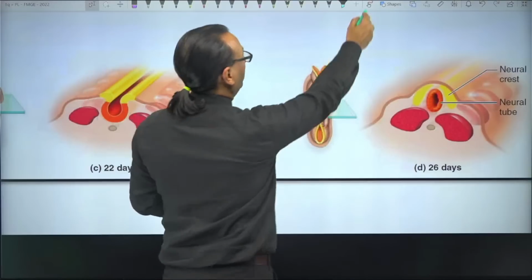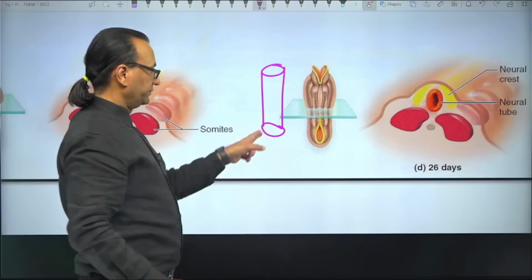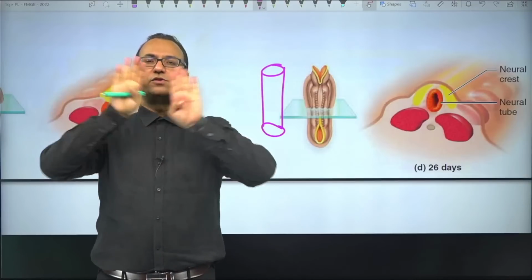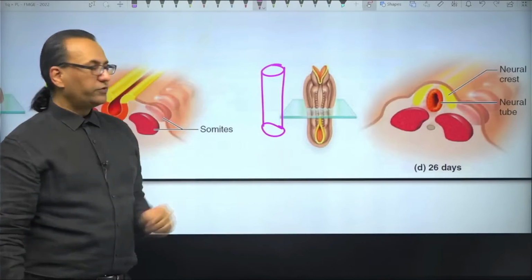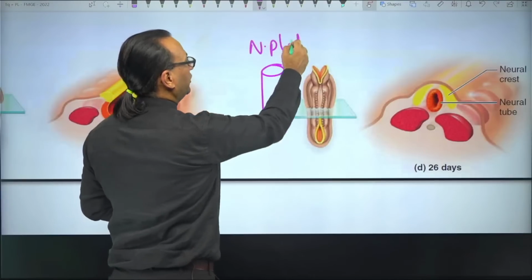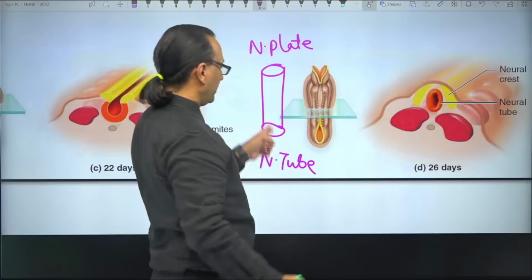So in simplistic terms, first it was a plate, it became a groove, and it became a tube. The neural tube came from the neural plate, and it is open right now.